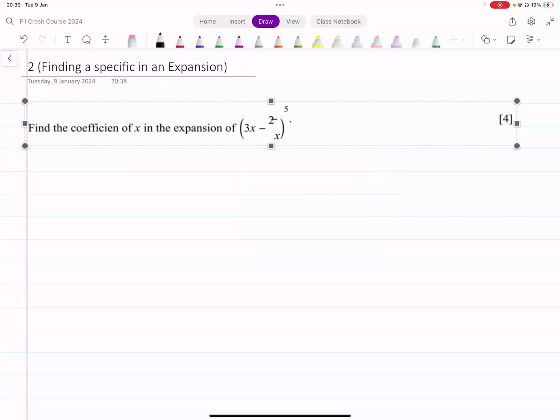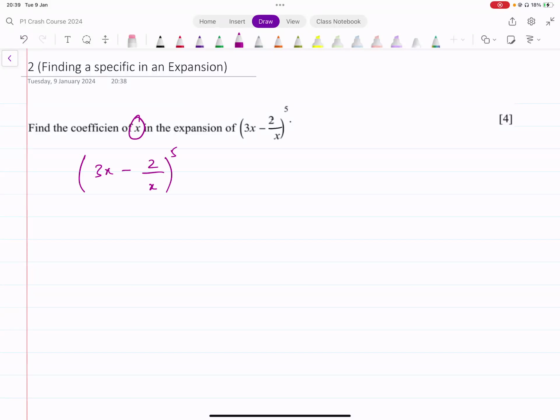Okay. Now we are asked to find the coefficient of x in this expansion. We do not have to expand it fully. There is only one particular term that we are interested in, and that is the coefficient of x. That's all that we want.